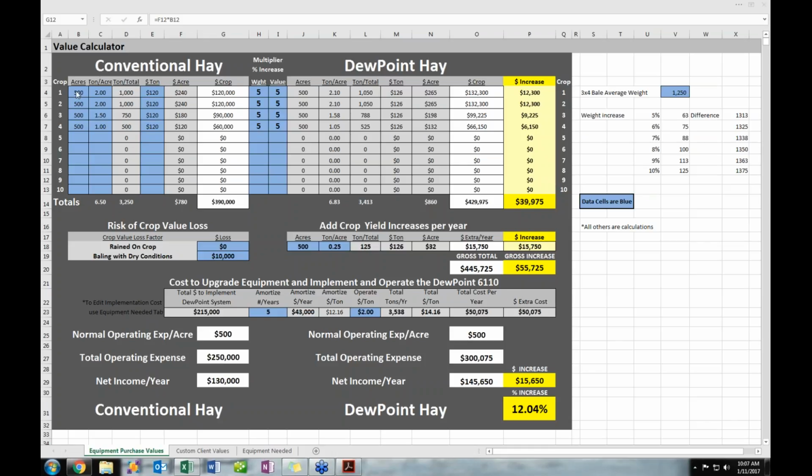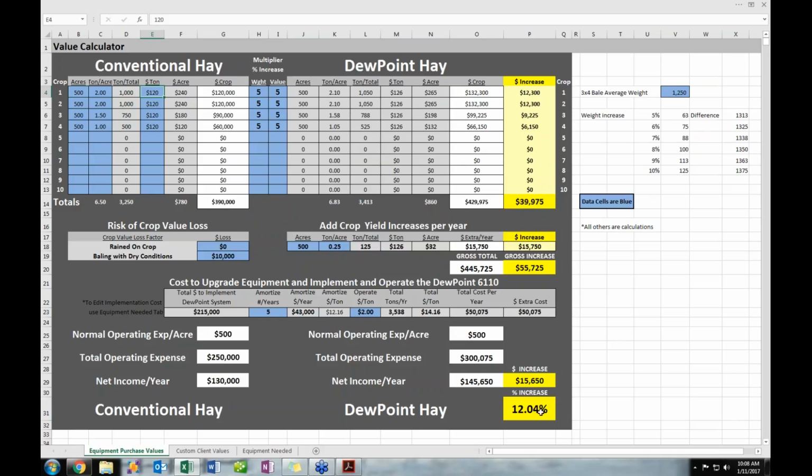I have pre-populated this value spreadsheet for a 500-acre farm that's making approximately 6.5 tons of annual production, and they're selling their hay for about $120 a ton. And then we've got some factors here. These are the value factors for the spreadsheet that we feel the dew point machine is capable of increasing on a farm operation.